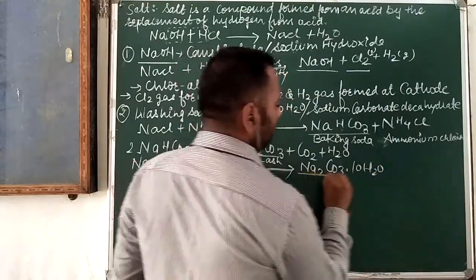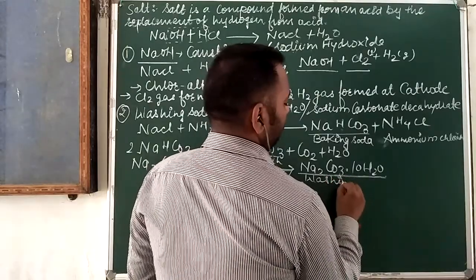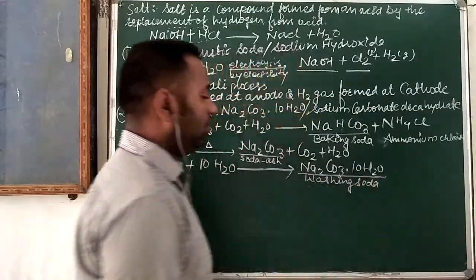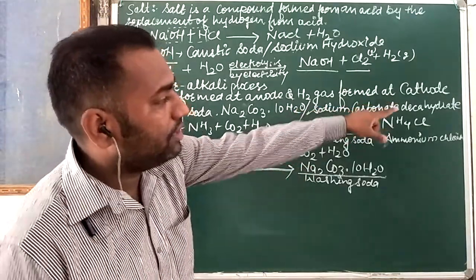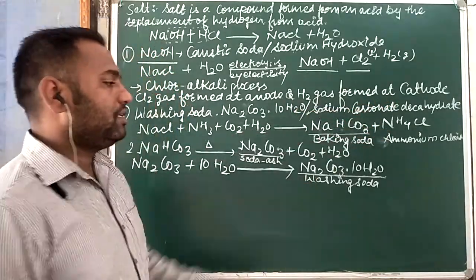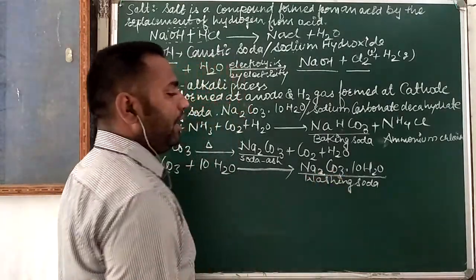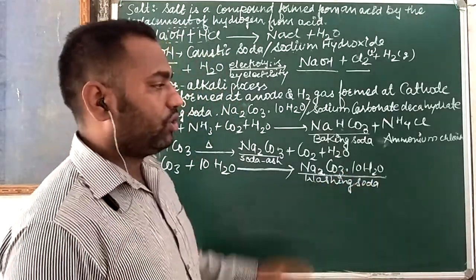Okay, this is our washing soda. Washing soda means sodium carbonate decahydrate. So Na2CO3·10H2O is named as washing soda.